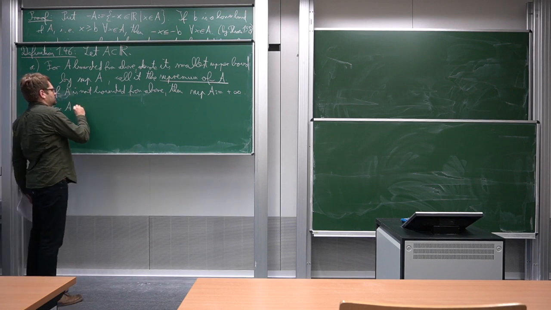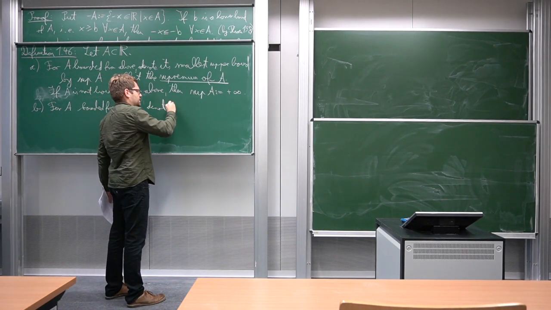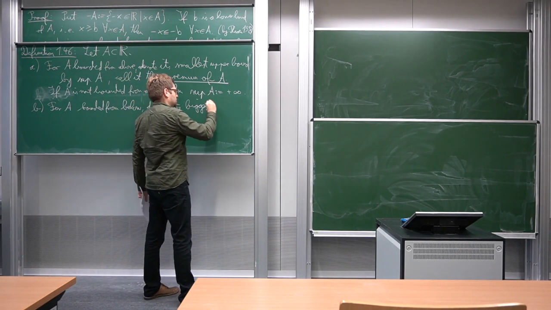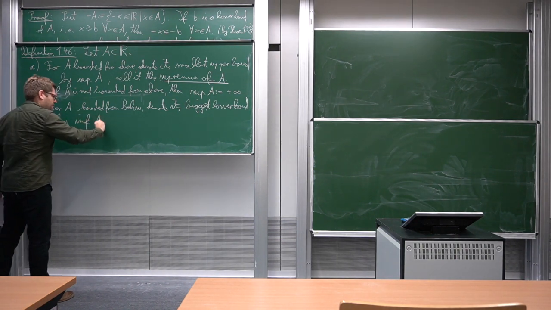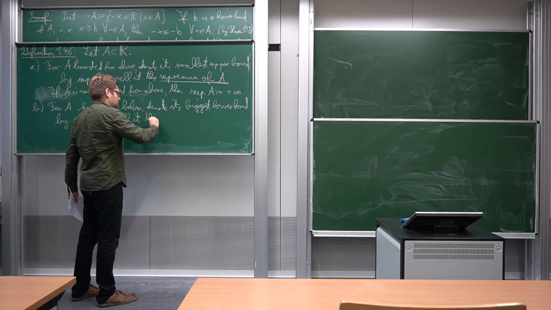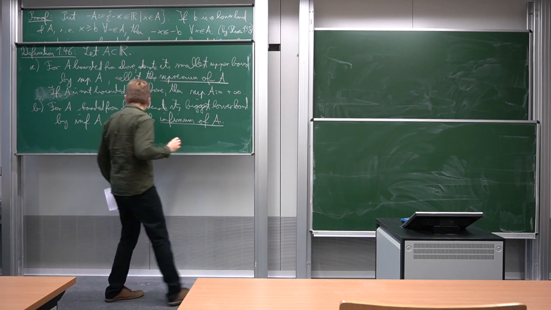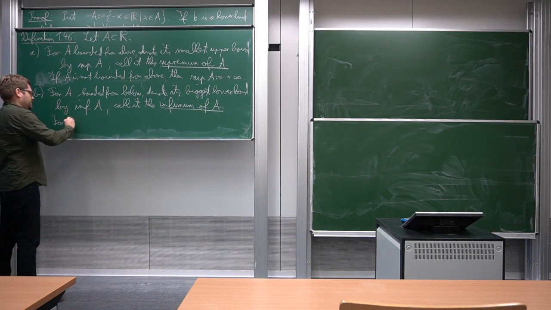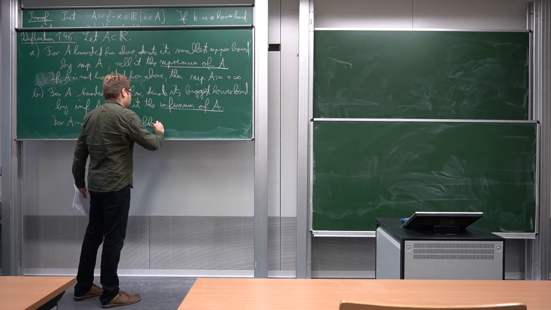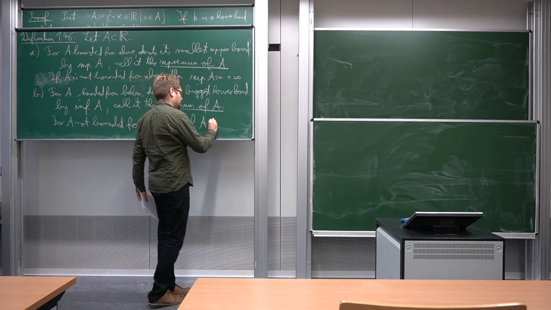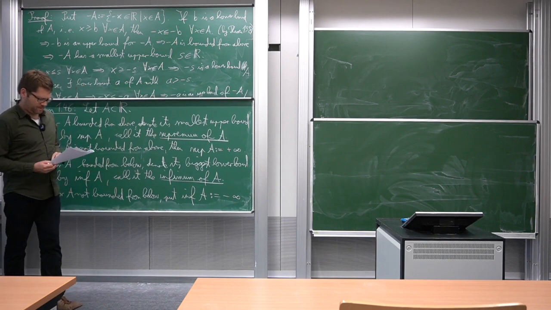For A bounded from below, denote its biggest lower bound by inf A, and this number is called the infimum of A. So for A not bounded from below, we just put inf A to be minus infinity, which is again a little imprecise since I haven't formally defined this, but anyway, this is just notation so far.